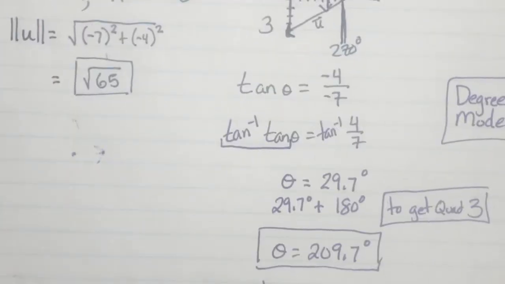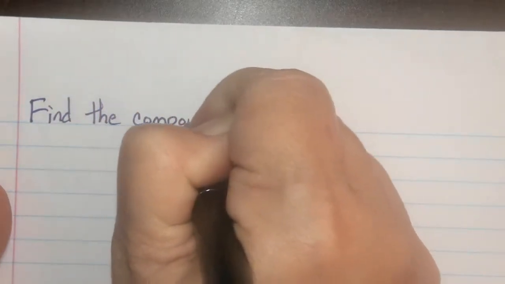Alright, now the last thing we're going to do is find the components if you're given the magnitude and the angle. So, find the components. When we say components, we're talking about the pieces, the horizontal piece and the vertical piece.